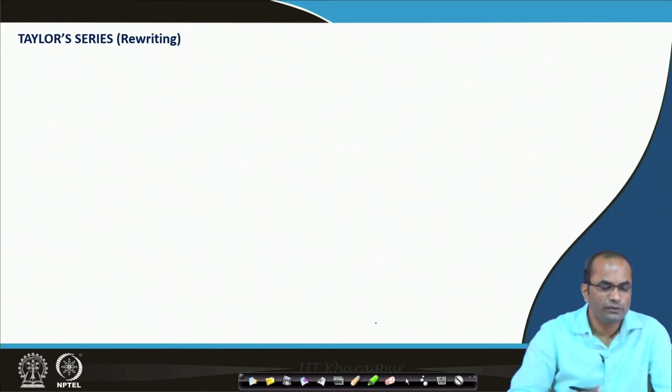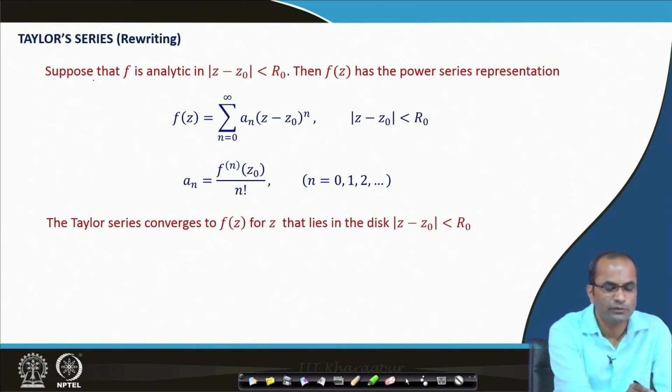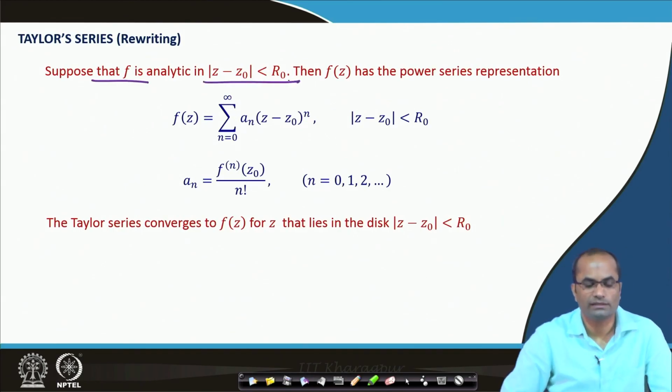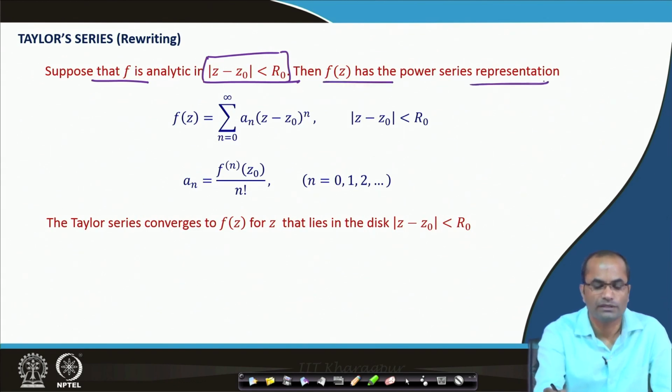So, we can also rewrite this Taylor series, or in some literature you will find it this way, that suppose this f is analytic in this disk |z minus z0| less than r0. So, here we have this disk with the radius r0, and then f(z) has the power series representation.